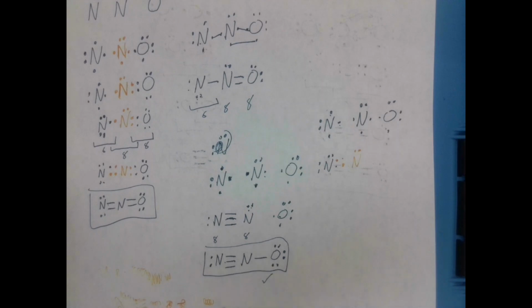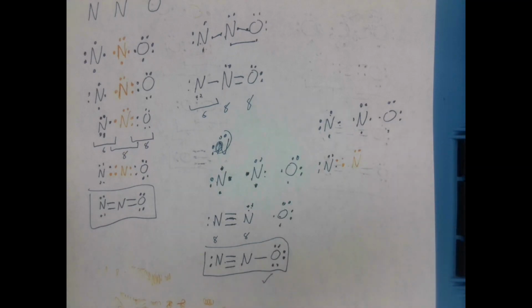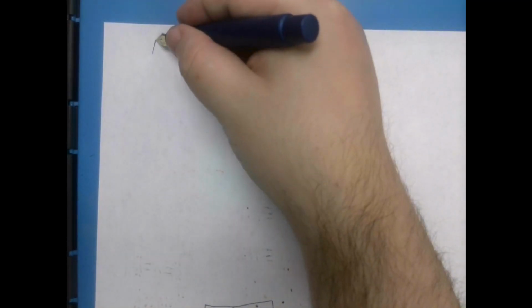I don't understand how they get this one. It's weird. I'm not going to give y'all anything this complicated. I'm thinking some of the oxygen electrons have jumped over to the nitrogen. Let's try this one, nitrogen monoxide.